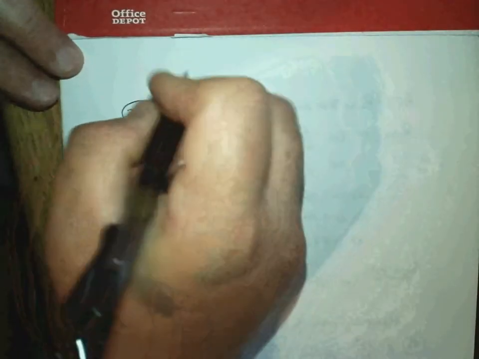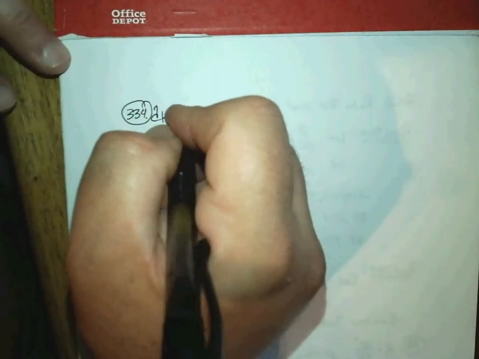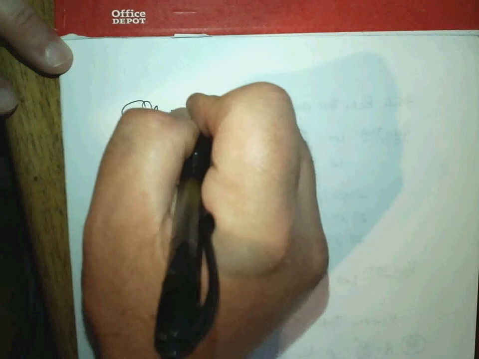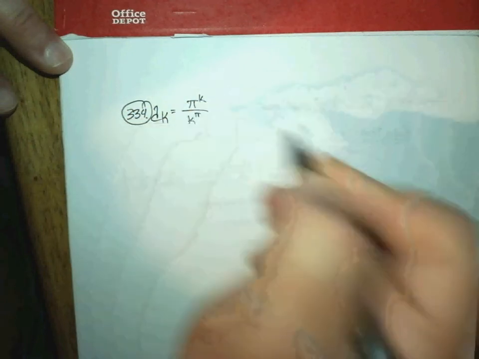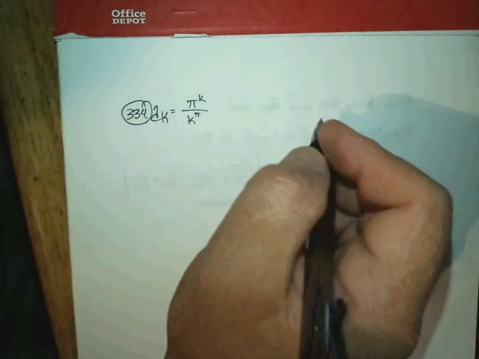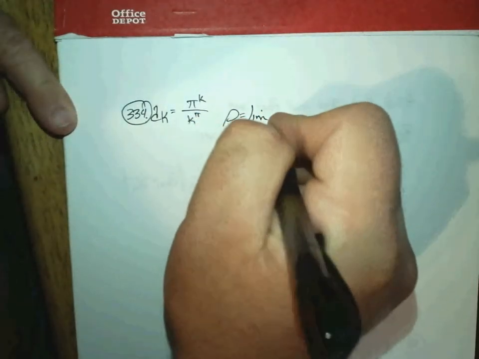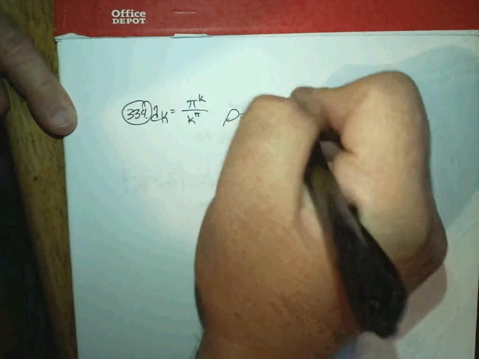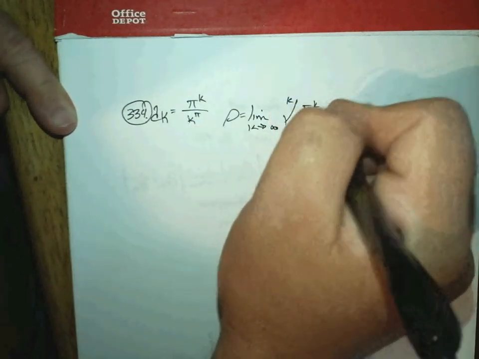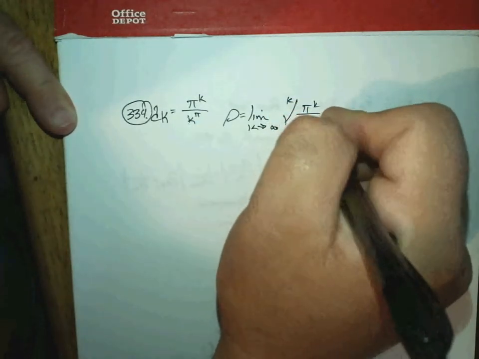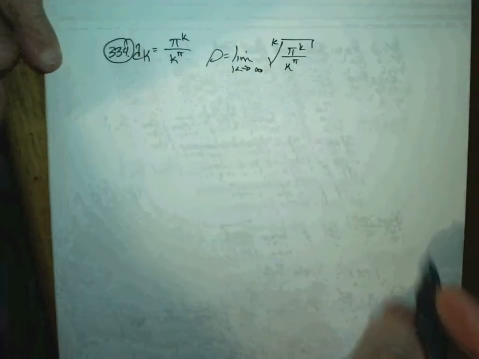All right, let's try one more like this, number 334. Where the a sub k is equal to pi to the k over k to the pi. Pi to the k over k to the pi, okay? So our rho is the limit as k goes to infinity of the kth root of this.